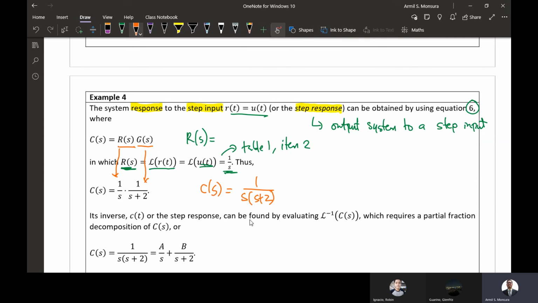Okay? Pero again, sabi nga natin, although we will call C of S as an output, technically it is still the transform of the output.